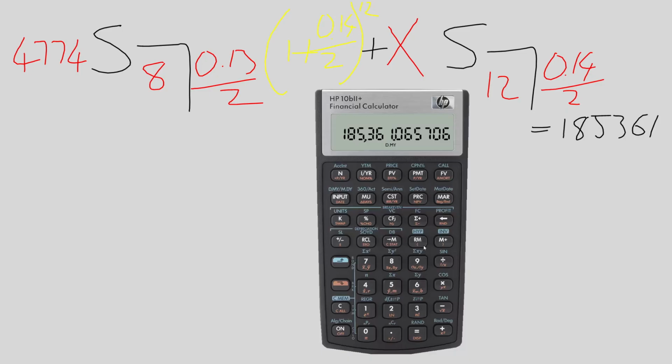So that's why I'm just saving it. So that goes into memory. Now for 8 payments, 8N, how much will he have in his account after that? 48,109. So on my timeline, this is what will be in the account after 8. Negative, that becomes present value.